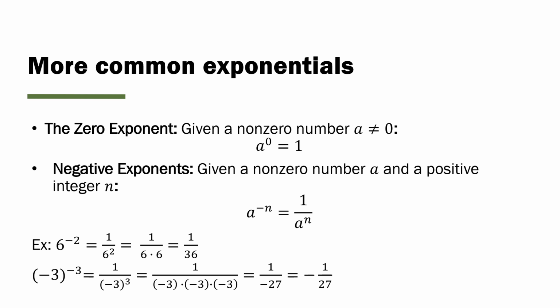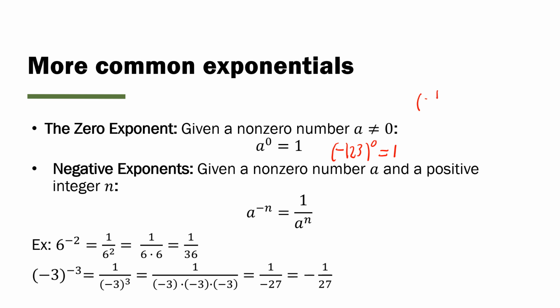Let's talk about some more common exponential functions you'll encounter. Let's talk about the zero exponent first. So given a non-zero number, a, then a to the power of 0 equals 1. Note that this applies for negative numbers. So a negative 123 raised to the power of 0 is also 1.